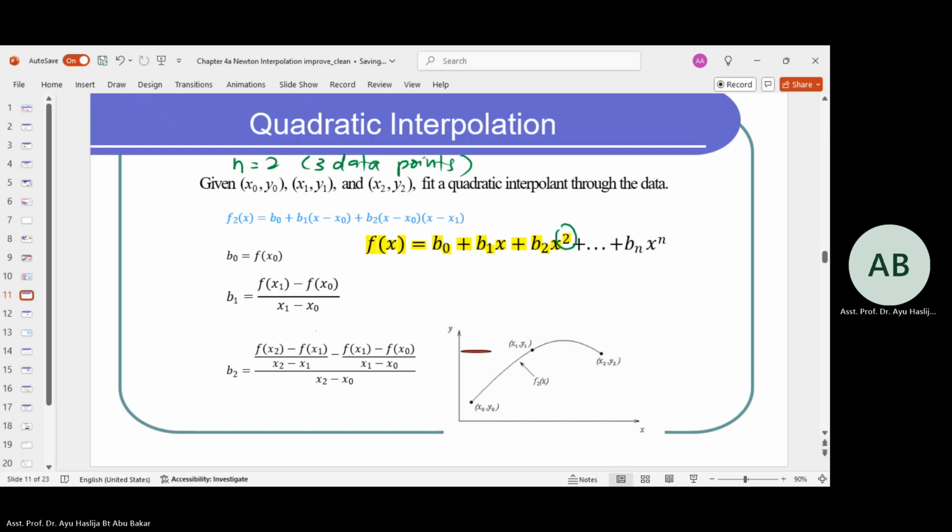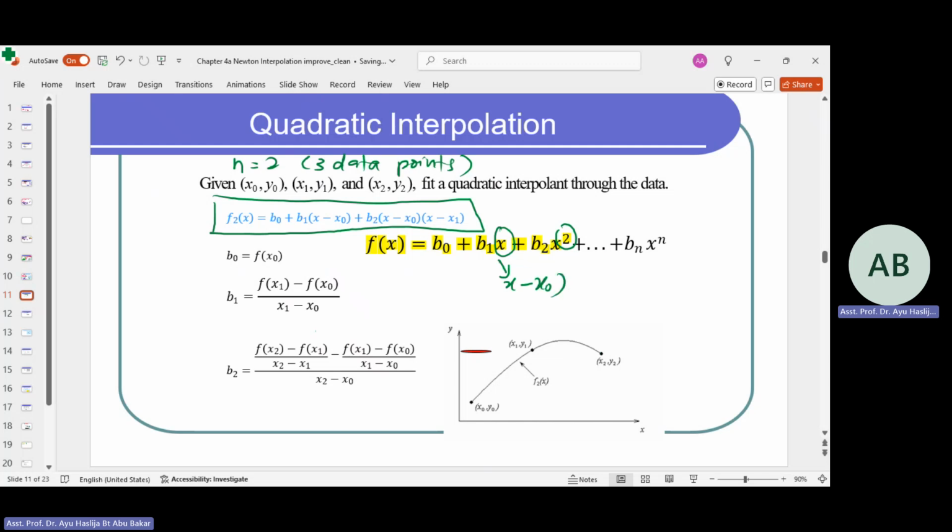So your polynomial equation will become until B2: B0 plus B1x plus B2x power 2. For linear, this x will form x minus x0. Now for quadratic, this part will form x minus x0 multiplied by x minus x1.